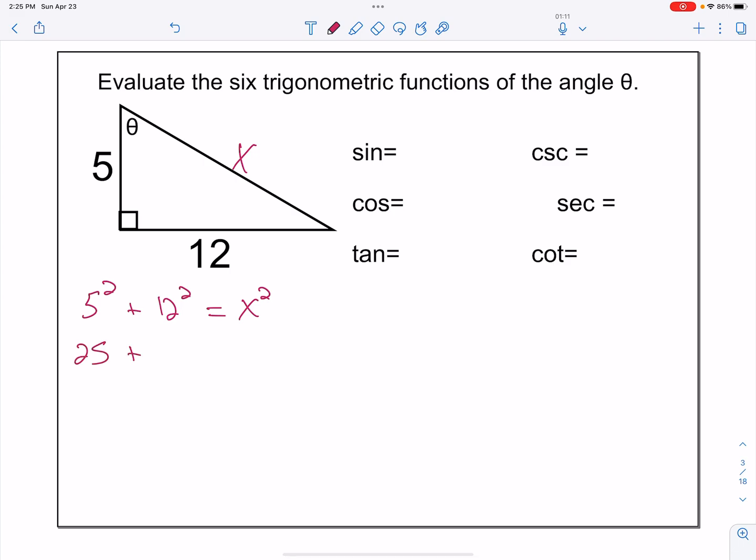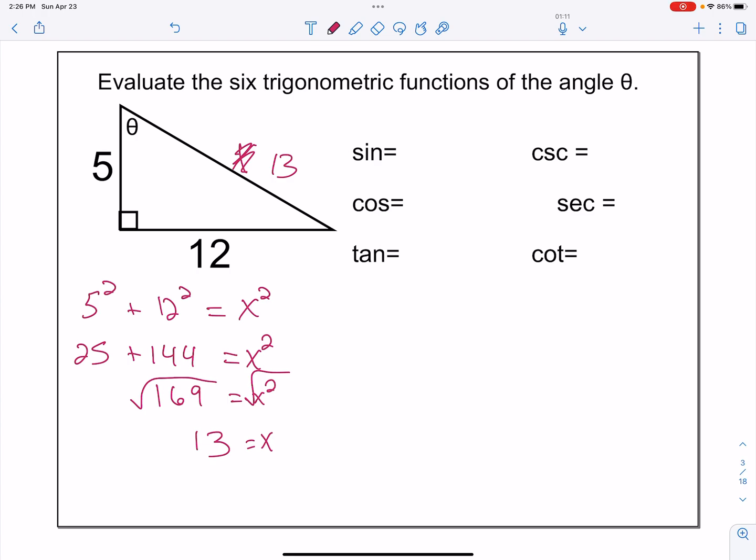This is 25 plus 144 equals x squared. So 169 equals x squared, square root, and x equals 13. This is called a Pythagorean triple because all of the sides are very nice numbers with no roots or decimals.